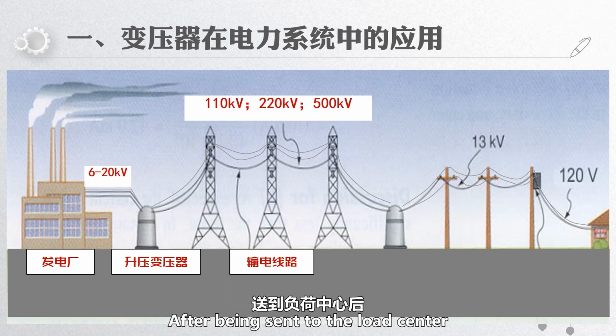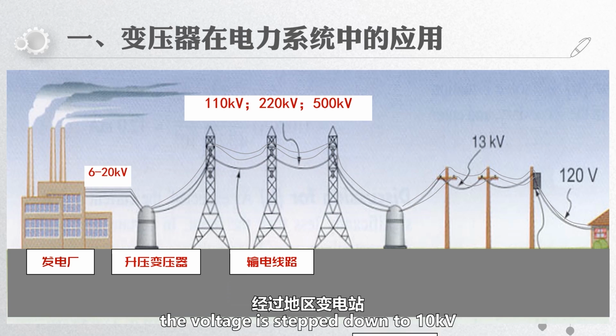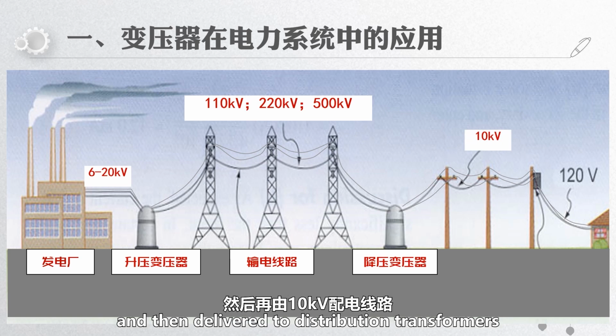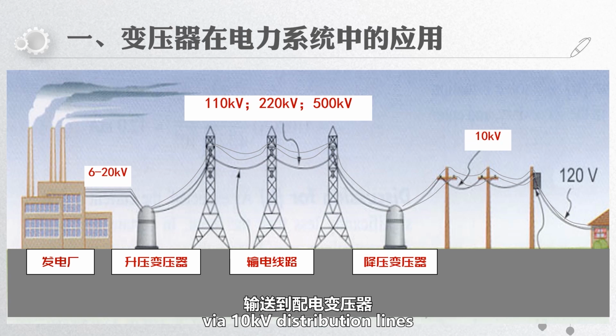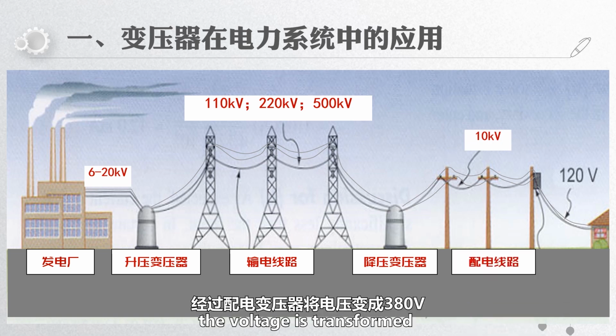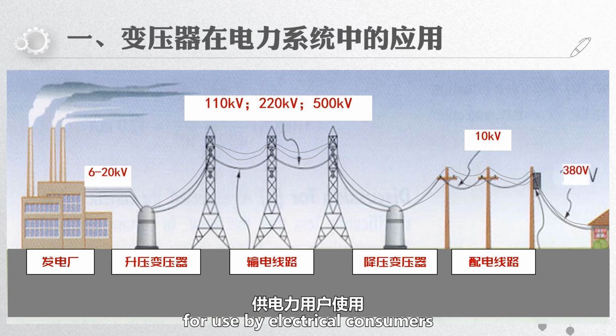After being sent to the load center, the voltage is stepped down to 10 kilovolts through regional substations and then delivered to distribution transformers via 10 kilovolts distribution lines. Finally, the voltage is transformed to 380 volts by distribution transformers for use by electrical consumers.